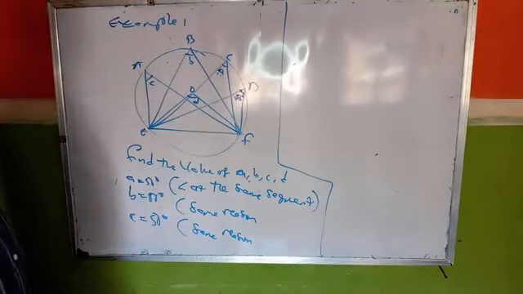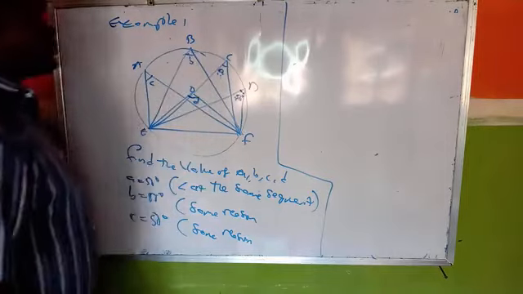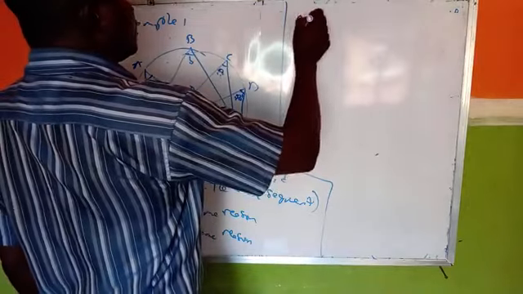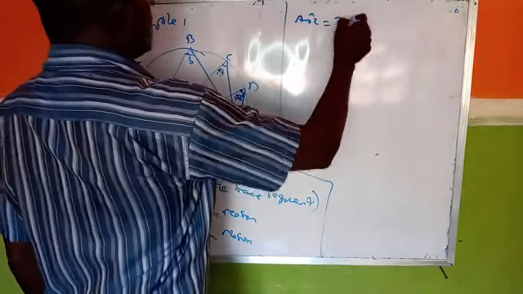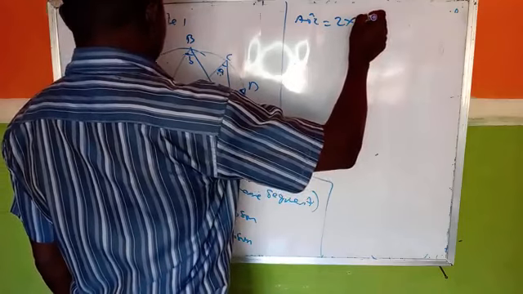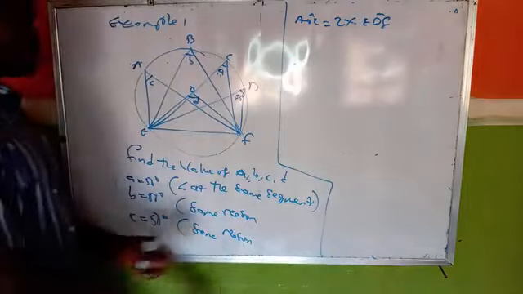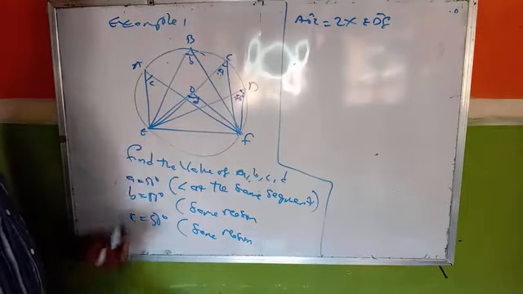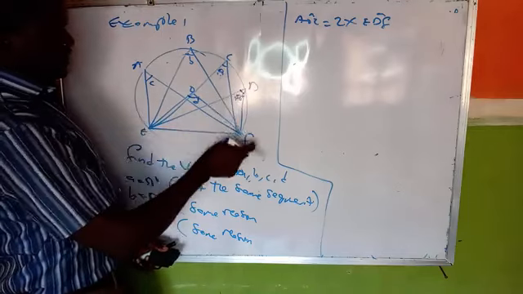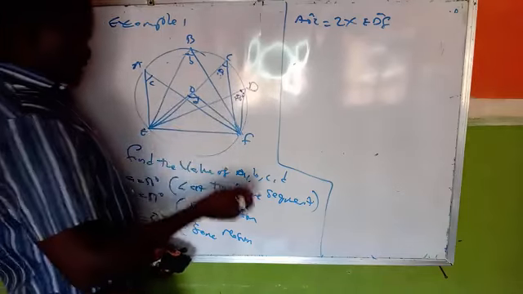Then remain D. If you look at D, D is the angle at the center. So you can pick any of them. That angle EDF is 2 times angle ECF. I use this one. So you put it there like that.